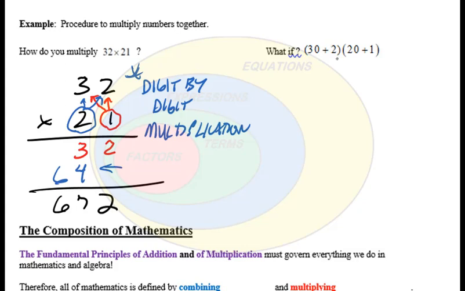We took the 1 and multiplied it by the 2, and we got 2. Then we took the 1 times the 3, or in this case, the 3 represents 30. So 1 times 30 would be 30.